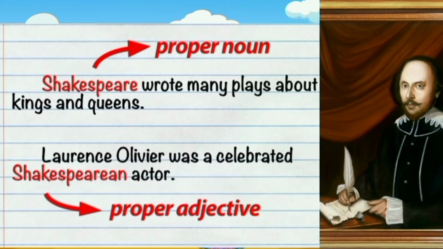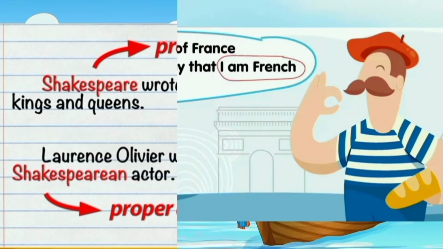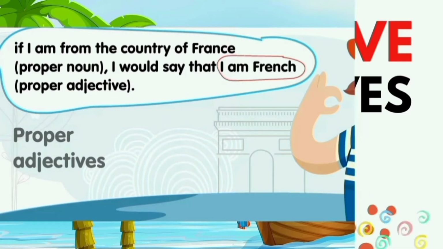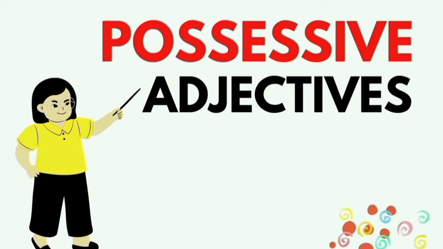I can derive a proper adjective by using it in something like "Shakespearean drama," using the name Shakespeare as a proper adjective to derive the word Shakespearean. If I say "Chinese food," I'm using the word Chinese, derived from China, as a proper adjective.